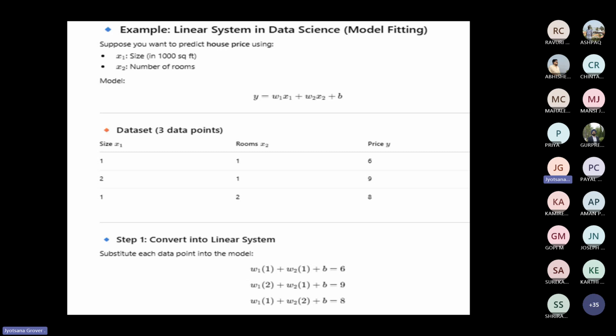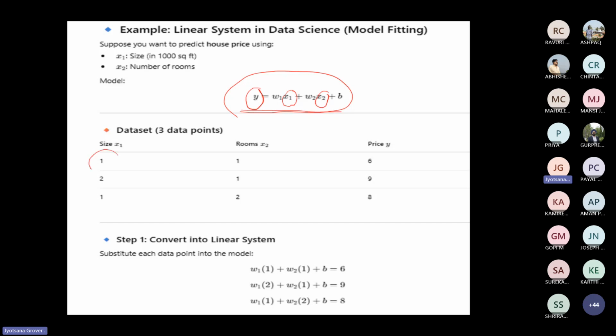Here you have the price of a house, which is y, and it is dependent on the size of the house and the number of rooms. So the relationship is linear. We are assuming it's linear. In that case, we have a linear system of equations.